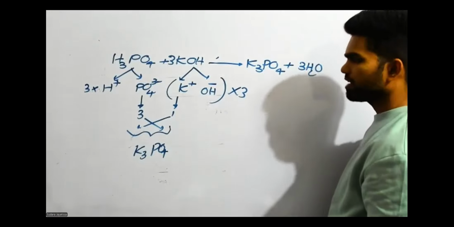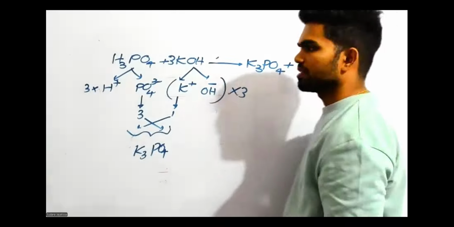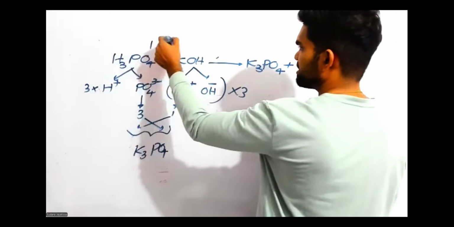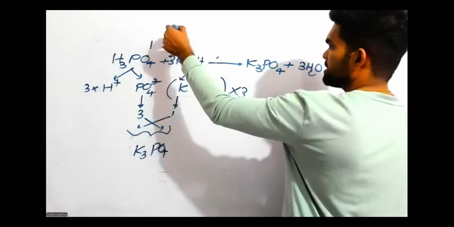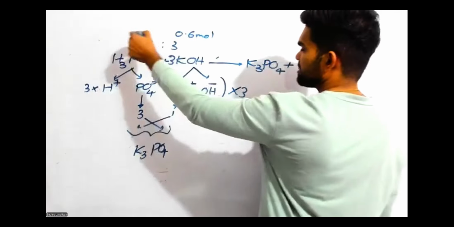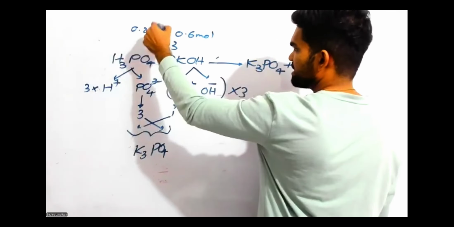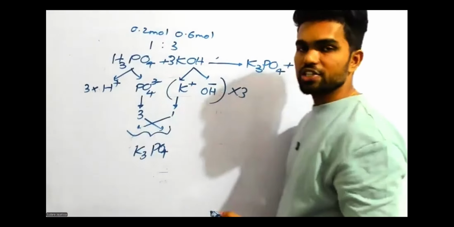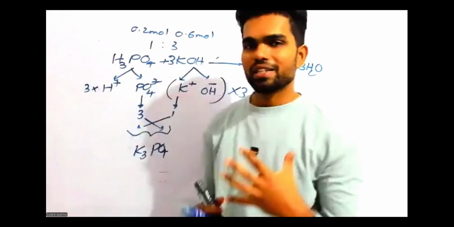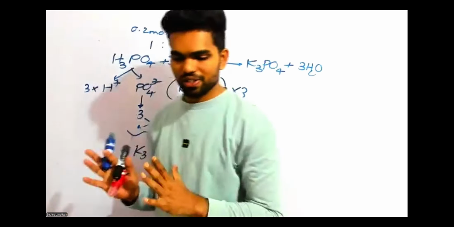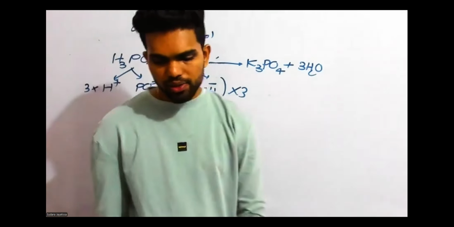This is how you balance that. When you do the questions also, take this 1:3 ratio. If 0.6 moles reacted with this one, 0.2 moles will react with the other one. Like that, you can use the ratio also. After learning redox equations, you did the same kind of questions. Same thing.